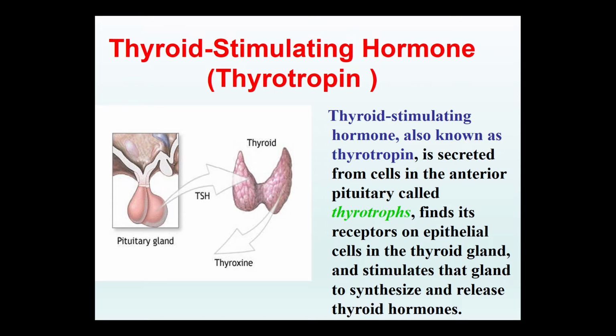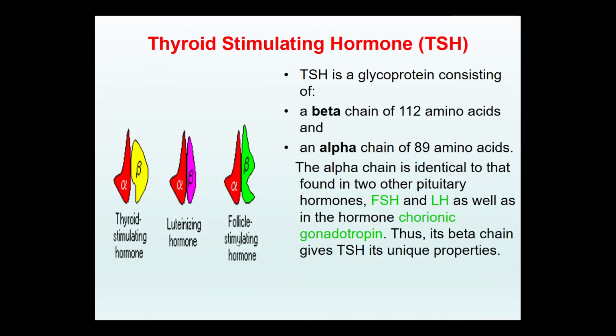It finds its receptors on epithelial cells in the thyroid gland and stimulates that gland to synthesize and release thyroid hormones, thyroxine and triiodothyronine. Thyroid stimulating hormone, TSH, is a glycoprotein hormone composed of two subunits, alpha and beta, and these subunits are non-covalently bound to one another.